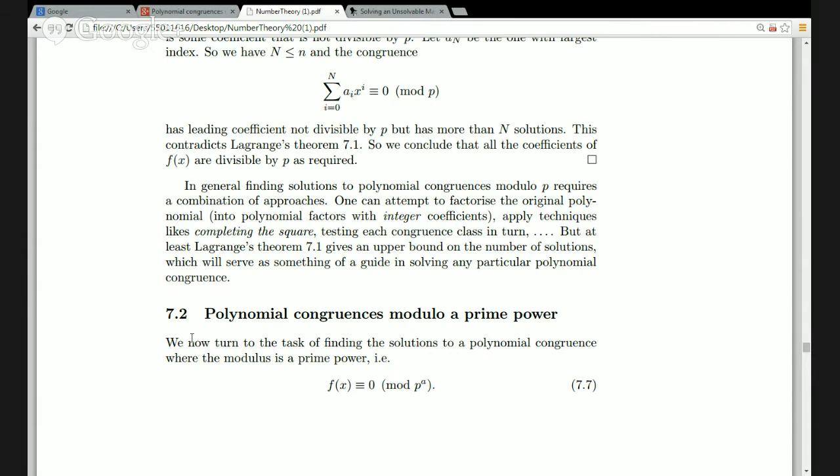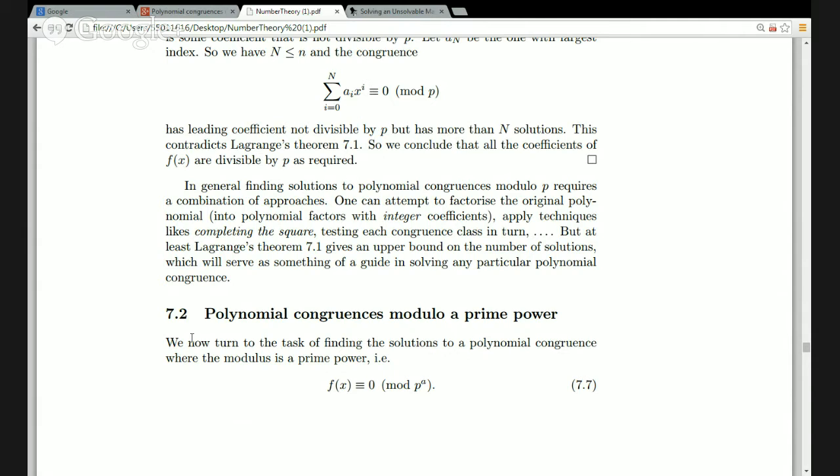So you're splitting up the original polynomial congruence into a set of congruences, each of them modulo a prime power, p_i to the alpha_i. And then you solve all these individually. Each of these r problems, from i equals 1 up to r, has its own set of solutions.